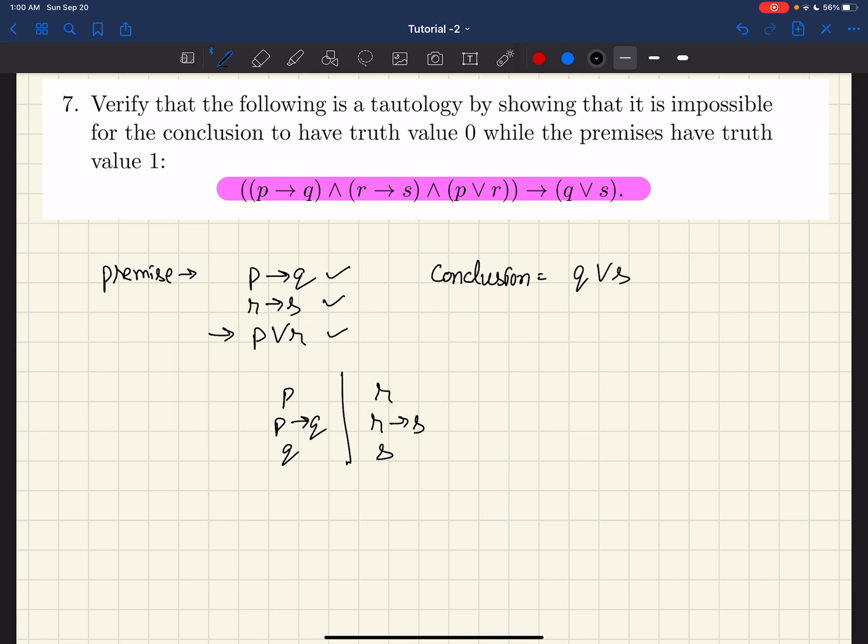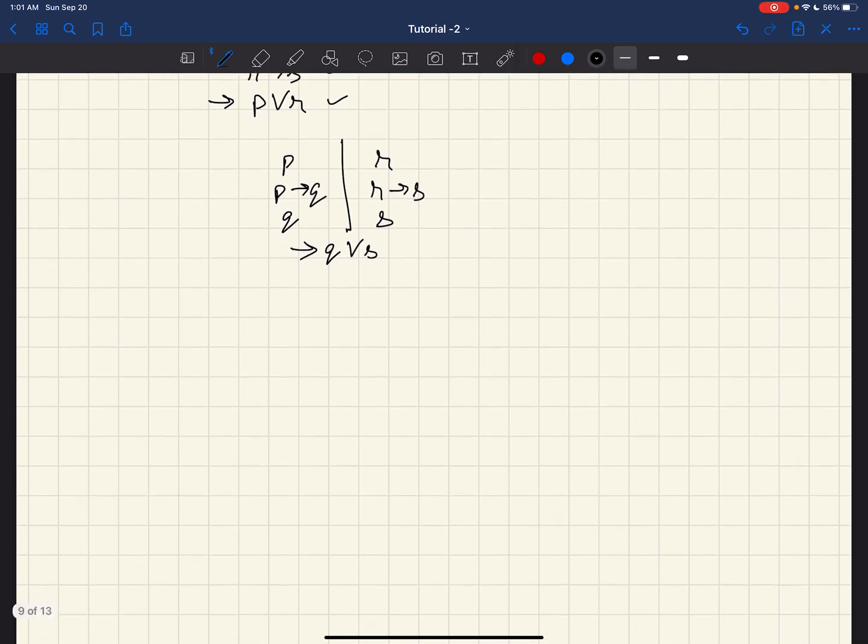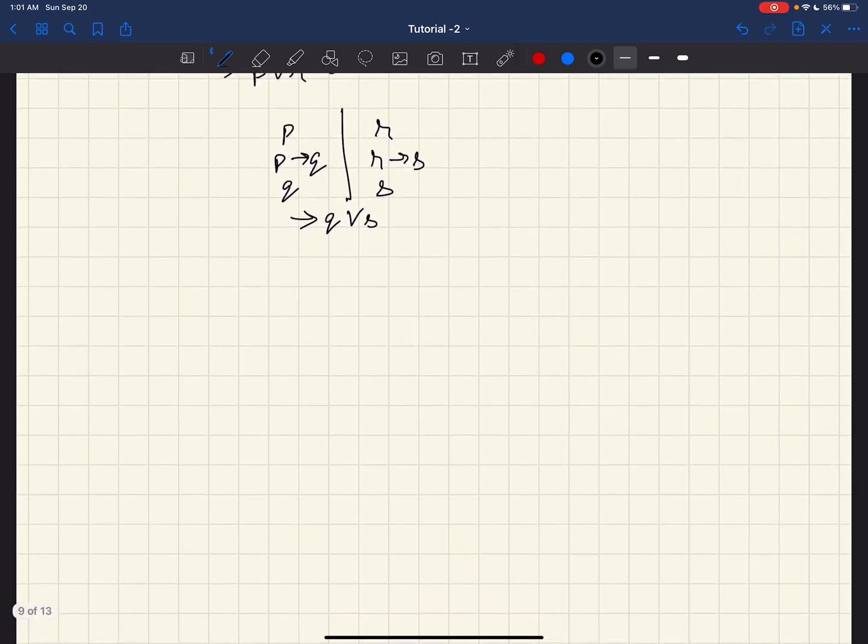Since we don't know which one is true, but either one has to be true, your conclusion could be Q or S. Depending upon the values P and R take, Q could be true or S could be true or both. So the conclusion Q or S is valid here, but now we need to solve it in a proper fashion.